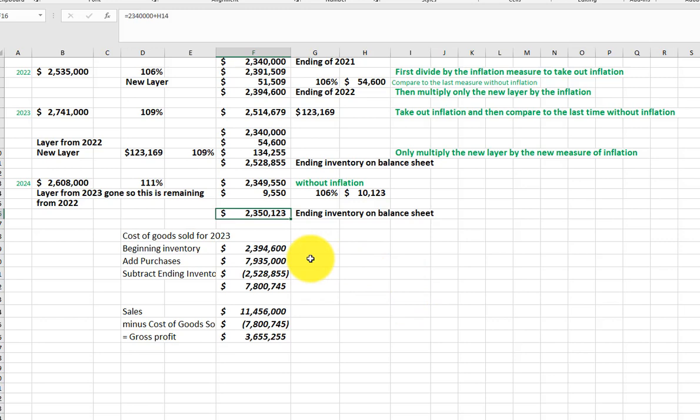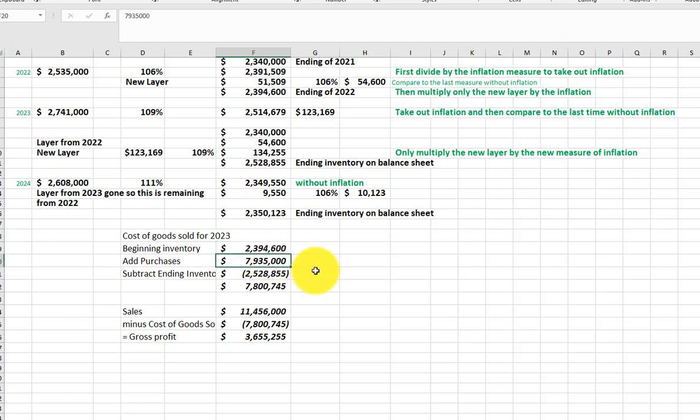Now, the question asked, furthermore, how do you get the cost of goods sold for 2023 and the gross profit? Well, the formula for inventory is beginning inventory. So beginning 2023 is really the ending for 2022, 2,394,600.